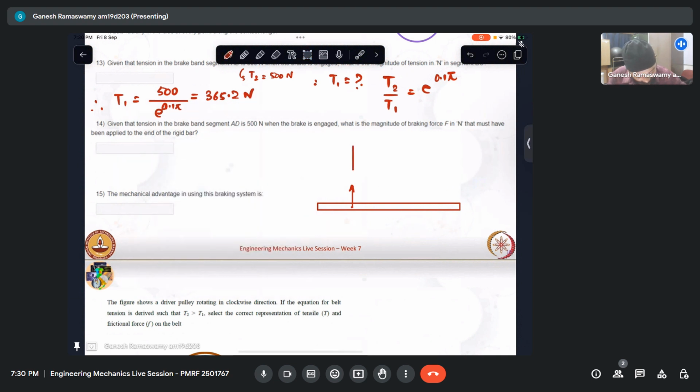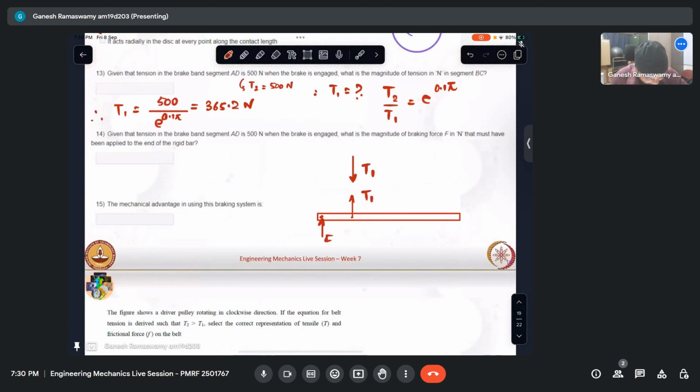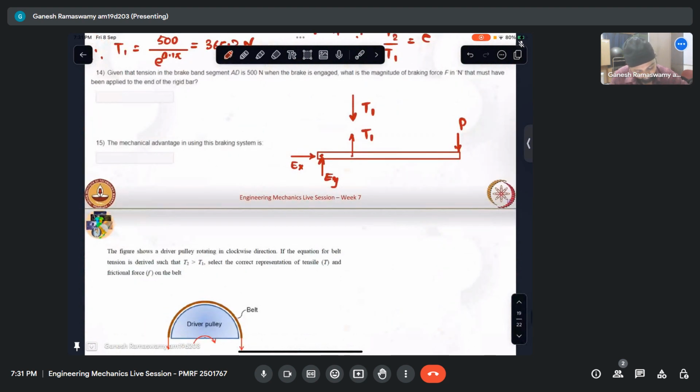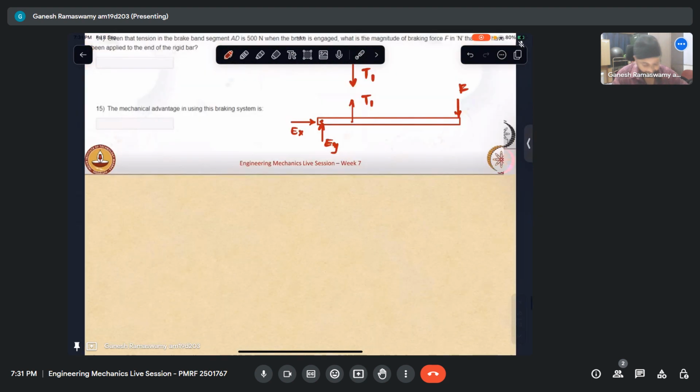So naturally it will apply a tension T1 onto the lever. And then what is this point? It is E. So therefore I have EY, and then I have EX, and then I apply the force P, or rather the force F. This is the force F.